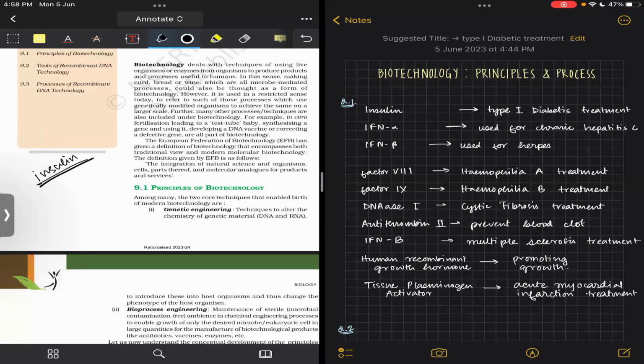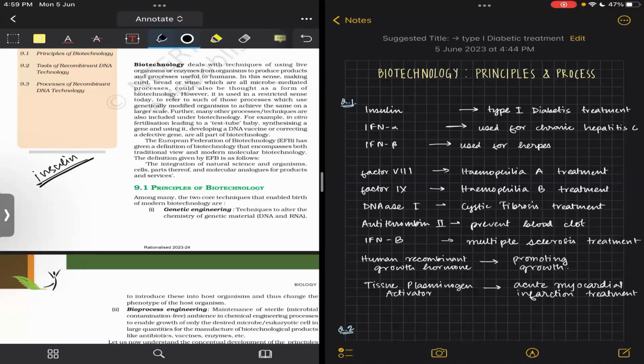But with the evolution of biotechnology and recombinant DNA technology, we were able to collect the insulin gene from our human body and introduce it into E. coli, and we were able to produce insulin in mass numbers.